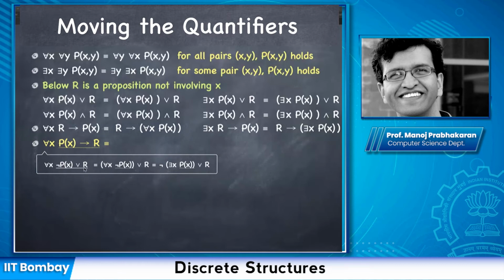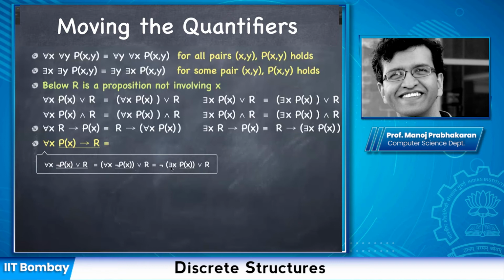And now, okay, we can apply one of these above statements. You can still take R outside. So this becomes for all x not Px, or R. But here is the thing, right? If you want to rewrite it back in terms of implies, you need negation of something. So you can rewrite this as negation of there exists x Px, right?